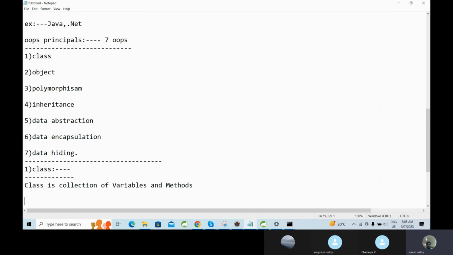That is the wrong answer. The exact perfect answer, 100% sure the correct definition, is: class is a collection of variables and methods.